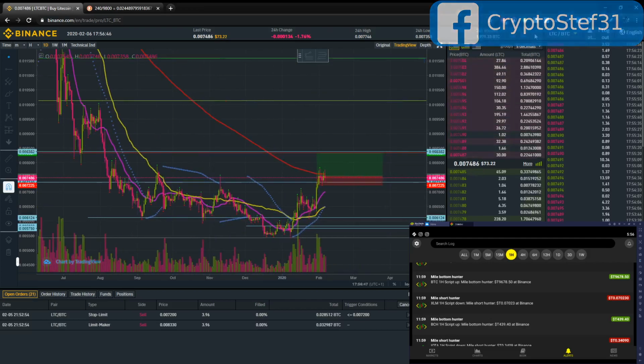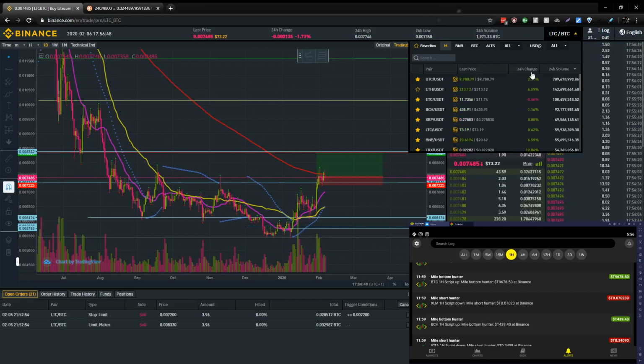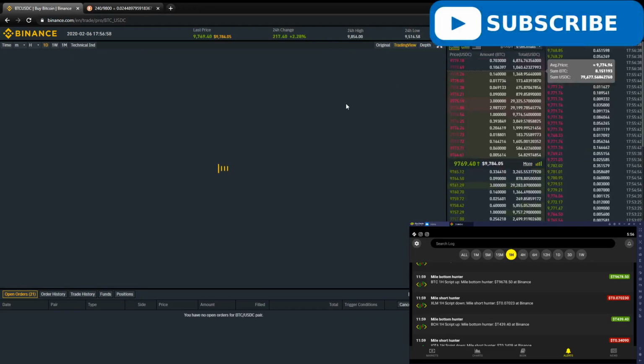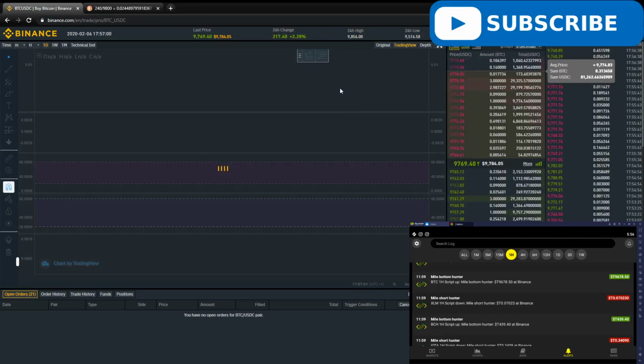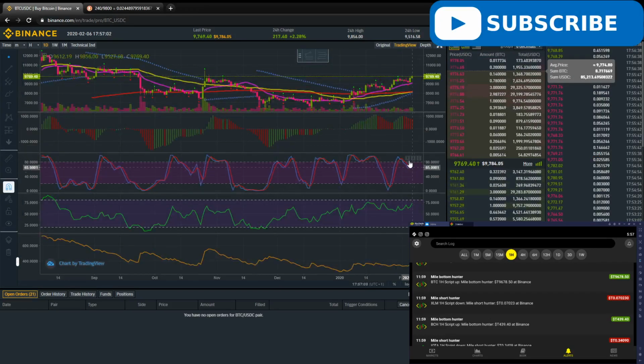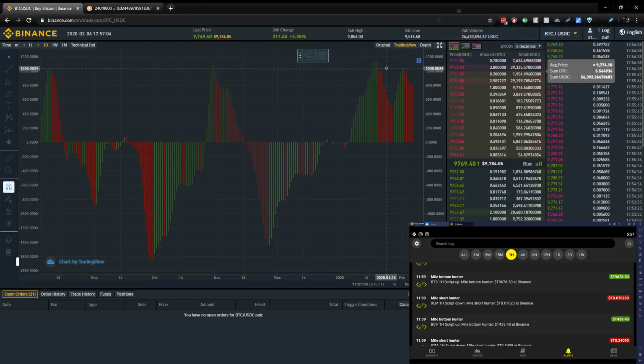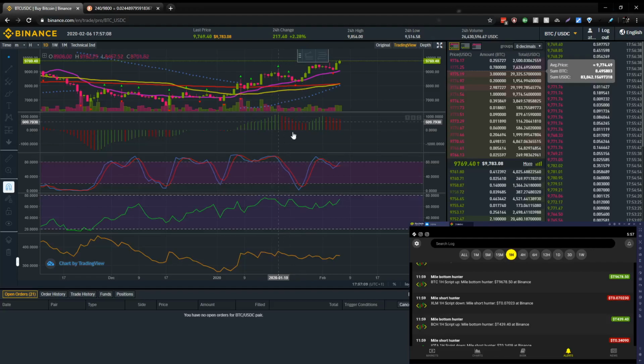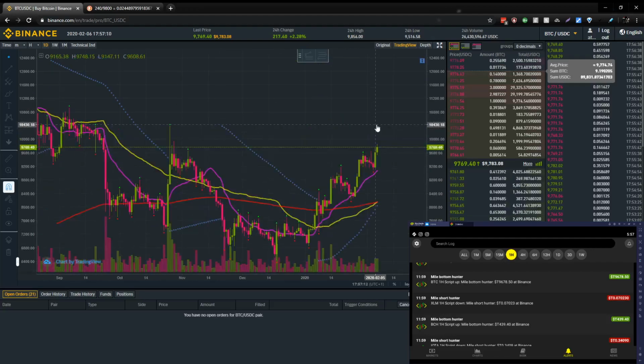So that's the crypto markets. Crypto markets is in full bull mode. Only concern is that BTC was having some kind of bearish divergence on the daily chart. So on the MACD you have some kind of bearish divergence, and also the awesome oscillator.